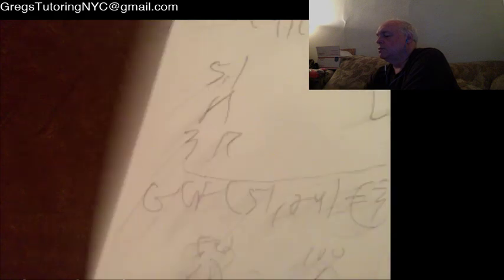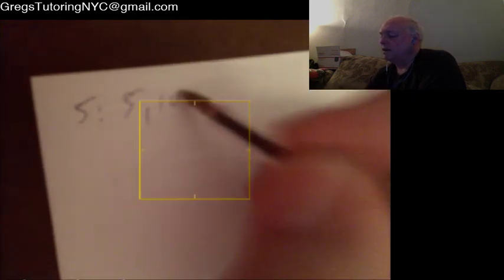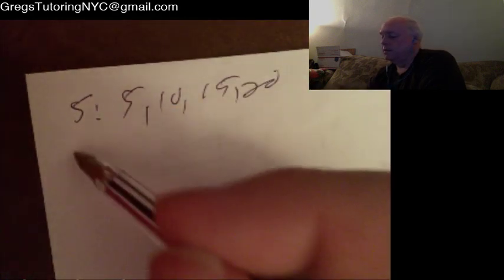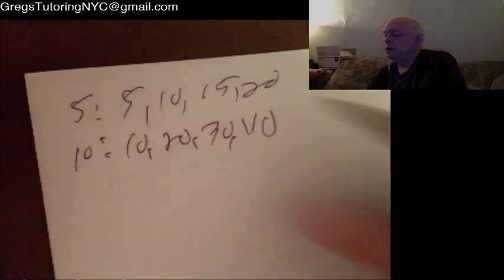All right, so now we're going to talk about multiples. And this is where it gets ugly, because I already wrote out some of the factor trees here. So again, if I have the number 5, then the multiples are 5, 10, 15, 20. And the multiples of, say, 10, would be 10, 20, 30, and 40. And so on.